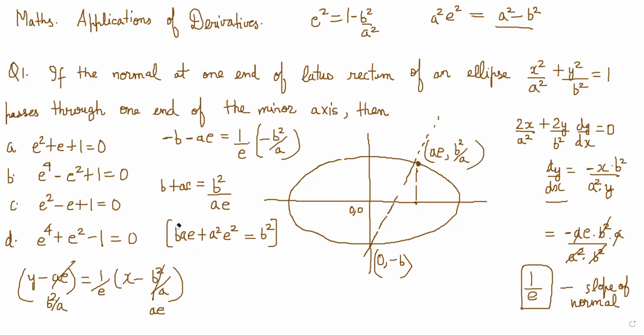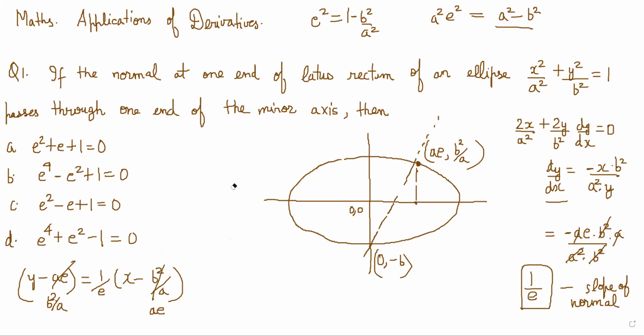Okay, 1 second. So when you put 0 comma minus b, 0 is x, so minus b minus b square by a is equal to 1 by e times 0 minus ae, right?